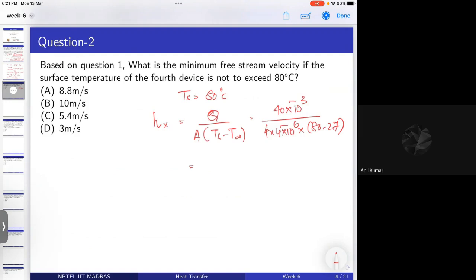Okay. The question is the minimum free stream velocity that we should maintain so that the surface temperature of the device will not exceed 80 degrees Celsius. So here the free stream velocity is changing. Velocity is changing means the Nusselt number will change.